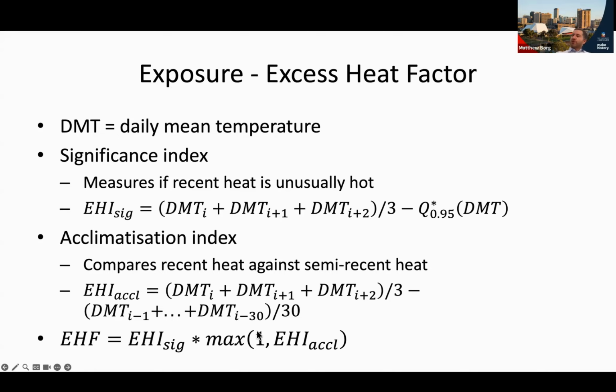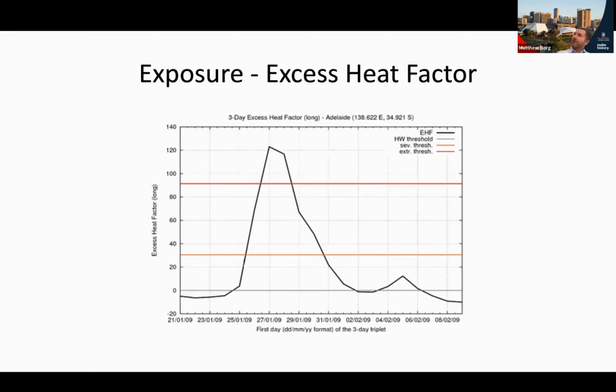To get the usually more severe heat waves, you have to either have a large EHI significance value, but you also need a large acclimatization index. So that means usually you get the really high EHF values when the heat is both hot compared to the 95th percentile, but it's also hot compared to temperature within the last month. That would commonly lead to a very high peak like this.